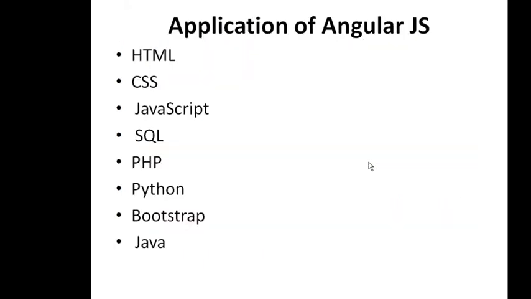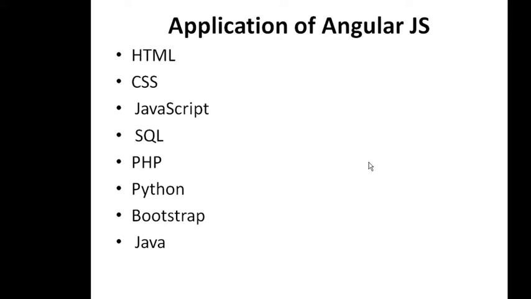Now next, where AngularJS is used. It is with the help of these technologies that we are developing web applications. To learn AngularJS, the student should know all these languages; only then can you go for AngularJS. First is HTML, second is CSS, as we already studied in the first and second chapters.